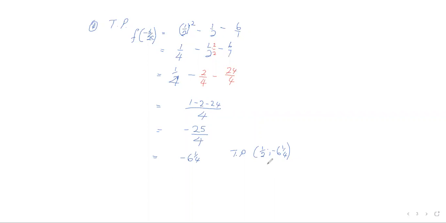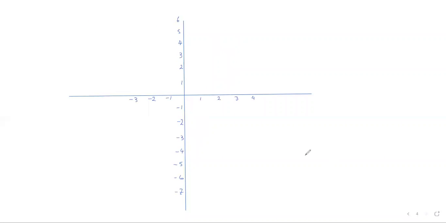The turning point is x here is a half. So the graph is going to turn down, and that's -6.25, somewhere there. -6 and 1 over 4 somewhere there.